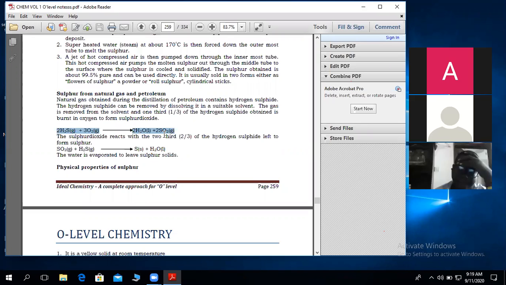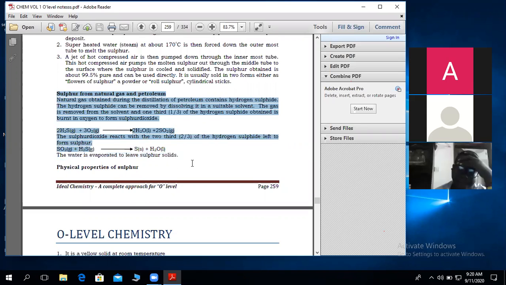So what happens? The 2/3 of the hydrogen sulfide that is left will react with sulfur dioxide, and hydrogen sulfide reduces sulfur dioxide to sulfur. As we are going to see, when we look at hydrogen sulfide, it is a reducing agent. So this is how sulfur can be obtained from natural gas.